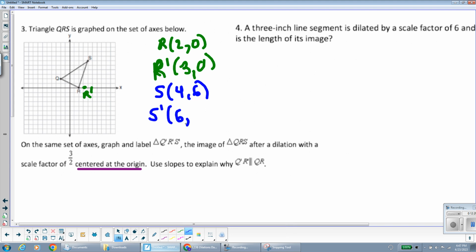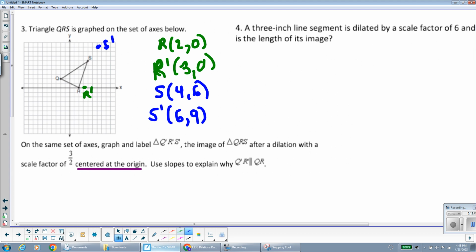And let's multiply 6 by 3/2, and that is 9. So 1, 2, 3, 4, 5, 6. Wait, 1, 2, 3, 4, 5, 6, 9.